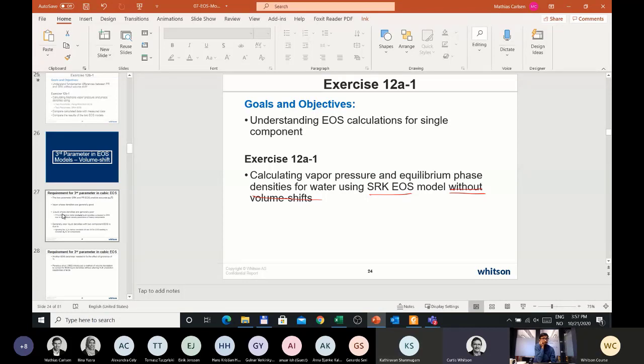Okay, what would you call a dense phase? Is this above the cricondenbar? Okay, yeah. So in that case, is there any recommendation on the effectiveness of SRK or Peng-Robinson, or which one is better? No, not at all.